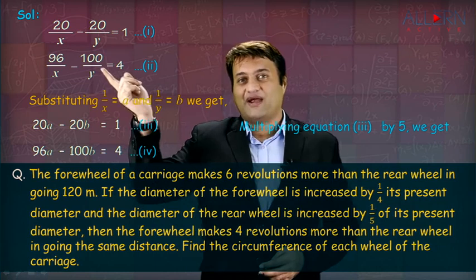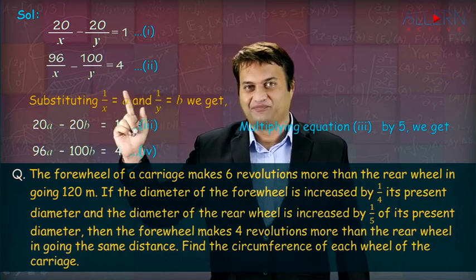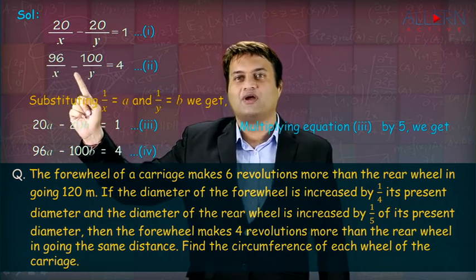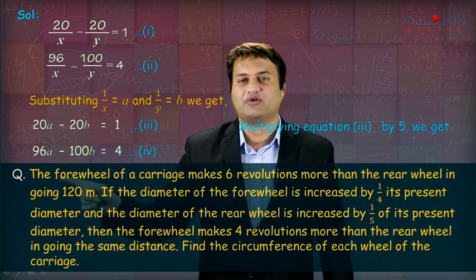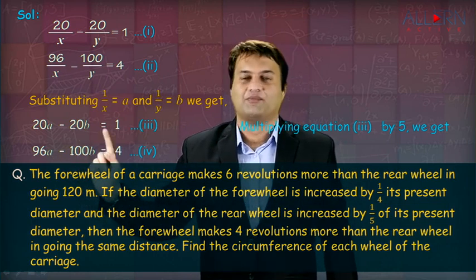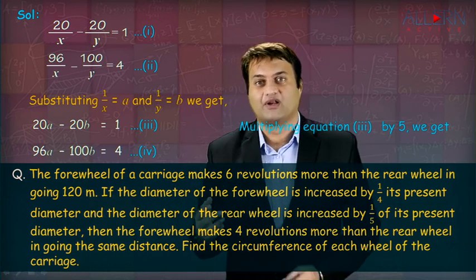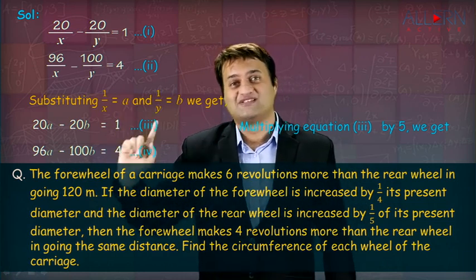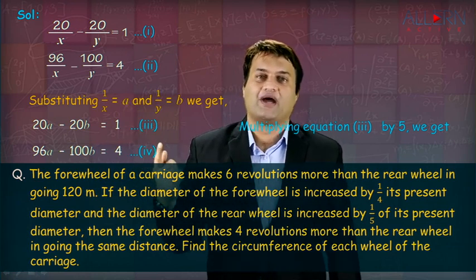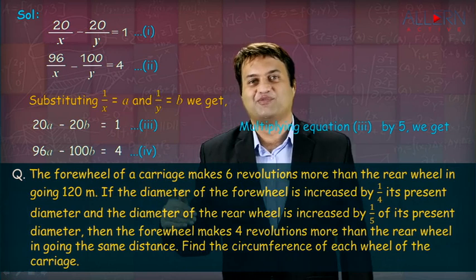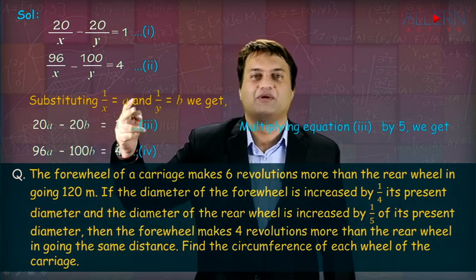Now just coming back to that point, if you would have reduced it by dividing throughout by 4, you would have got 24 upon x minus 25 upon y is equal to 1, right? So here you would have had 24a minus 25b is equal to 1. Now to make the coefficients same, in that case, you will have to multiply the third equation by 5 and the fourth equation by 4, right? Because it would have been 20 and 25, you have to make both of them 100.